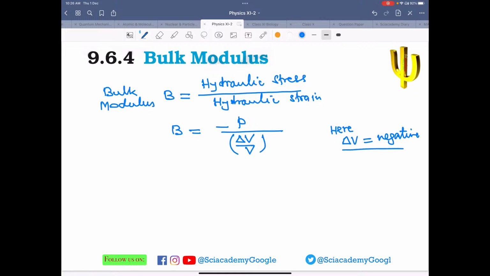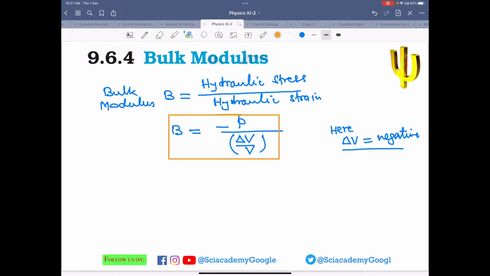That means when we apply the external pressure, there is decrease in the volume. So ultimately, this formula gives the positive value for the bulk modulus always.